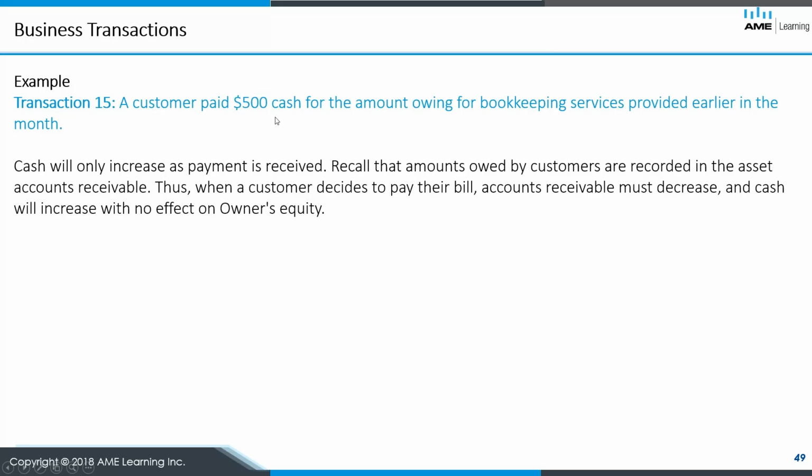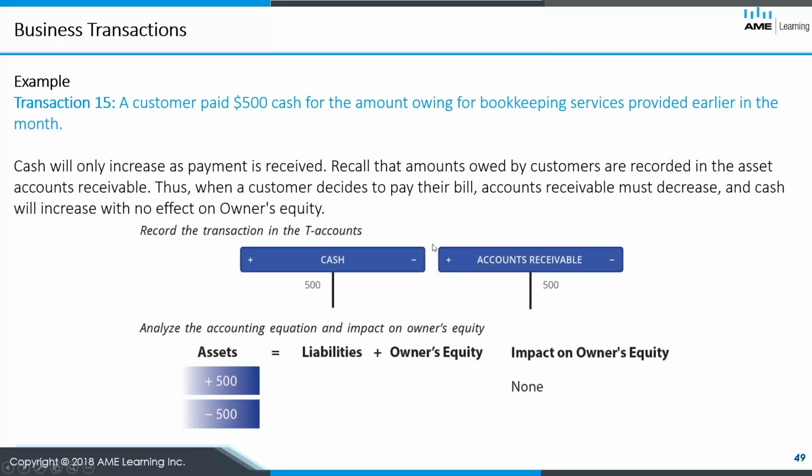Okay, let's see. A customer paid $500 for the amount owed for bookkeeping services. So now we received some cash. We had done the services last month, for example, and we recorded revenue and accounts receivable, remember. But now we have actually received the payment. And so cash is going to go up at this point. And now accounts receivable, which was on our books from last month, indicating that we were due money, is now going to be reduced, because we've actually received the cash.